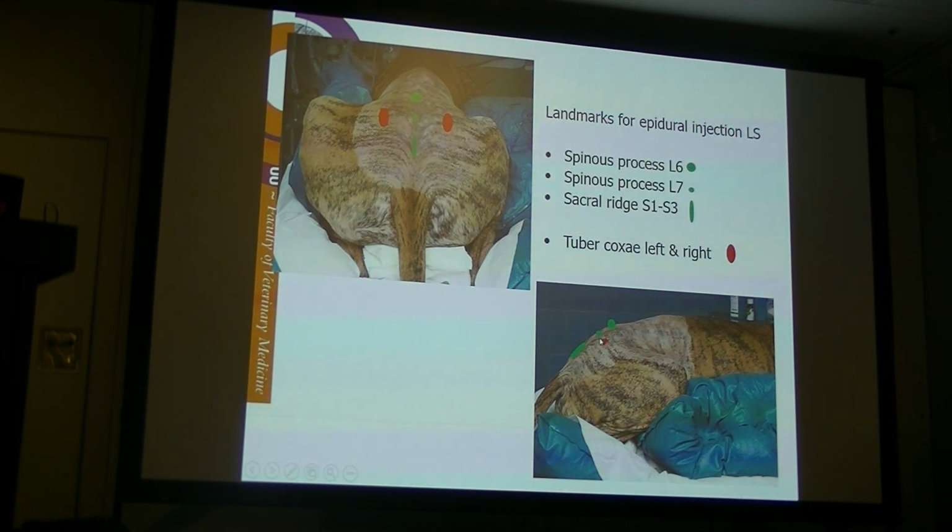And here you can see from the side that L7 is usually at the same level as the tuber coxae. And the first big process that you can palpate, especially if the dog is a little bit overweight, then palpation is not so easy, but the first big spinous process that you can palpate here is usually that one of L6. And the injection is centered between L7 and the sacral crest.